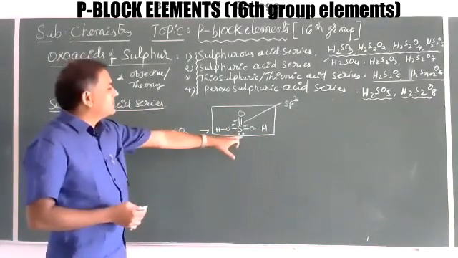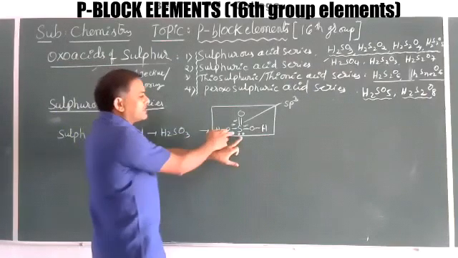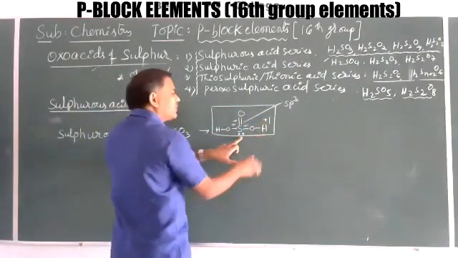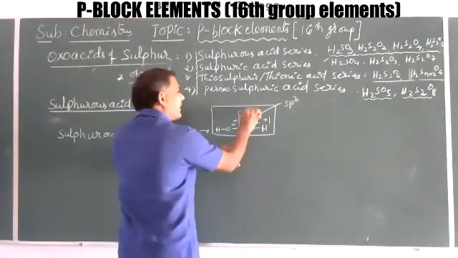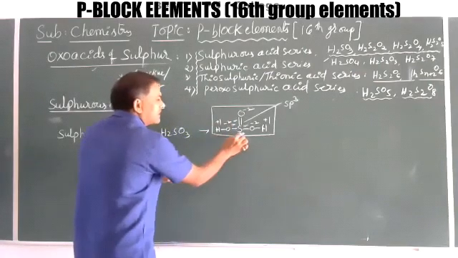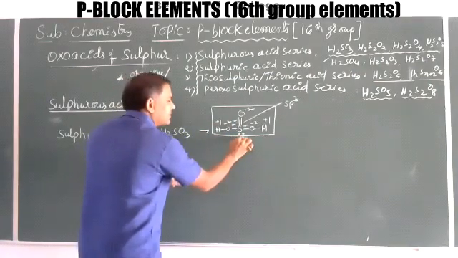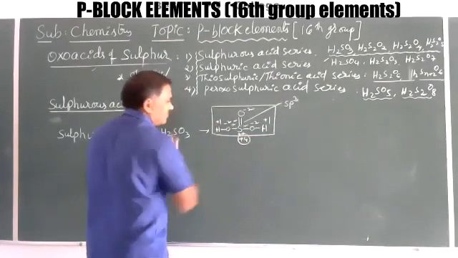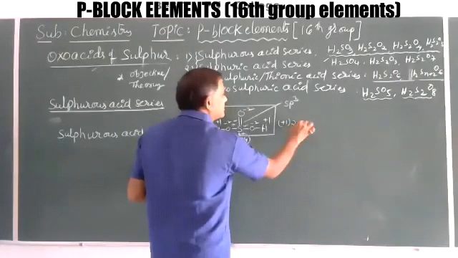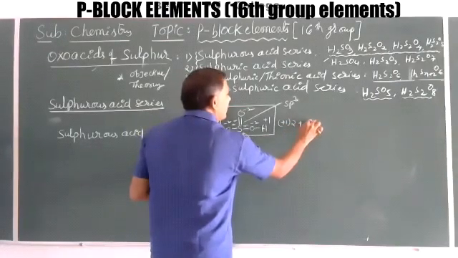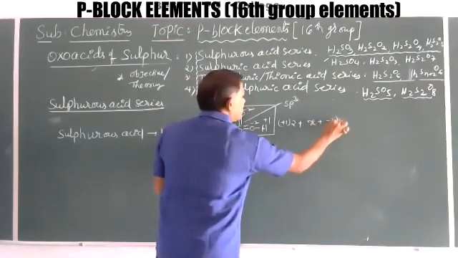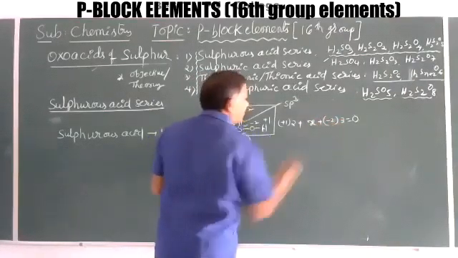Now in this sulfurous acid, hydrogen is +1 and oxygen is -2. The sulfur oxidation state is +4, because 2 hydrogen atoms give 2 into 1, plus sulfur only 1 into X, plus 3 oxygens, minus 2 into 3, equal to 0.